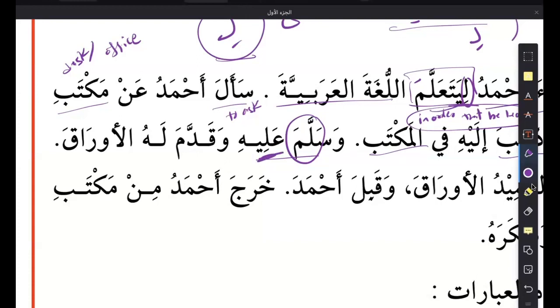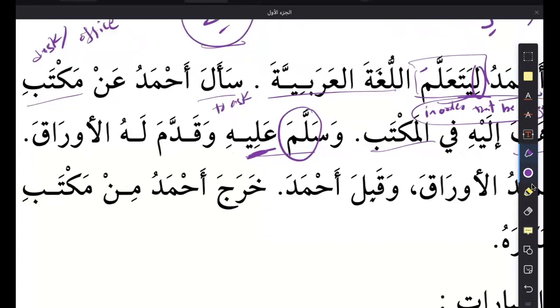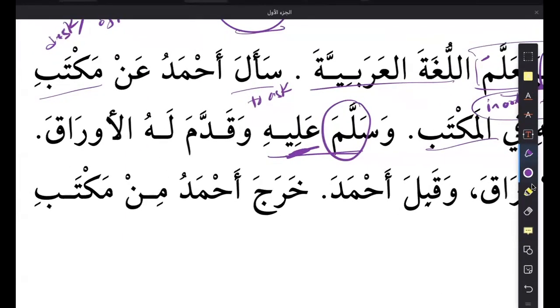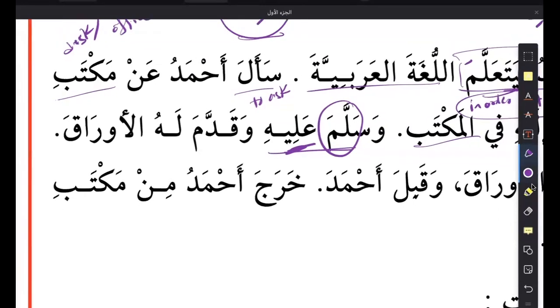If you don't use it, then it might mean something else. Salama also means to submit. Okay. Now, so sallama alayhi, that means he gave salam to him. وَقَدَّمَ لَهُ الْأَوْرَاقِ, and then he submitted or gave him the papers.